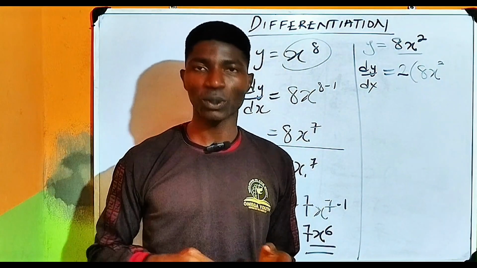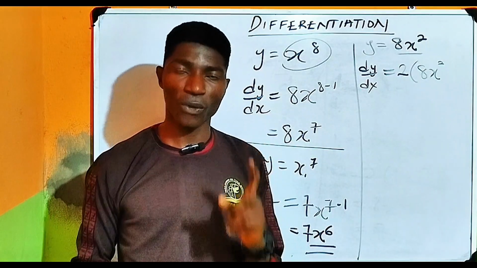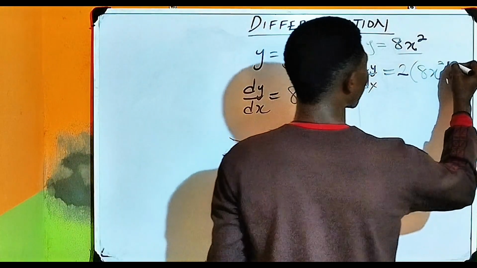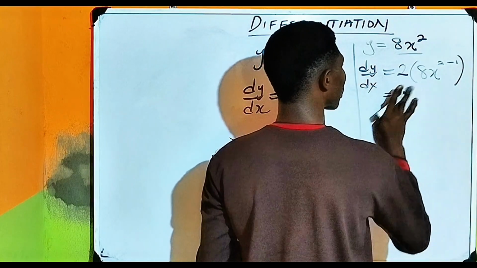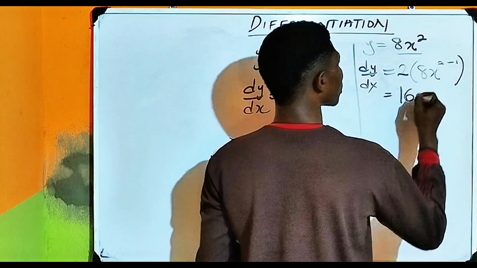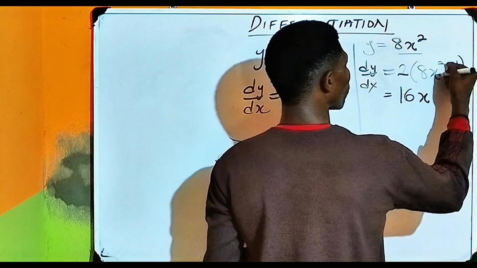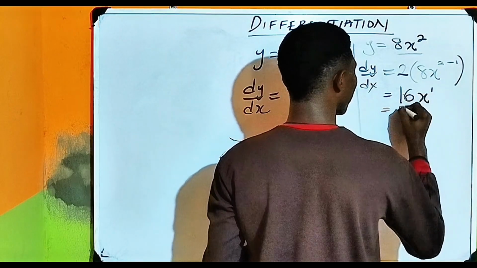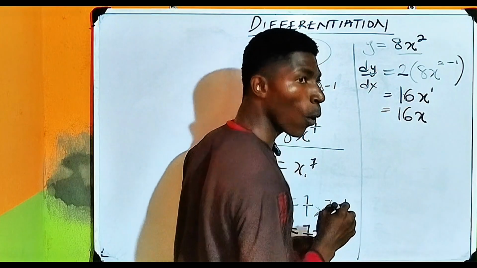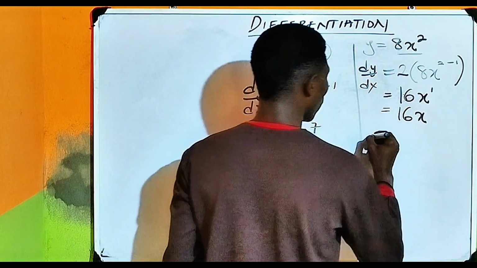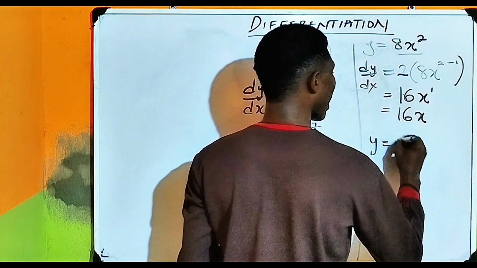The second step is to subtract 1 from your power. Minus 1. So we have 2 times 8 is 16, x power 2 minus 1 is 1. Hence, we have 16x.